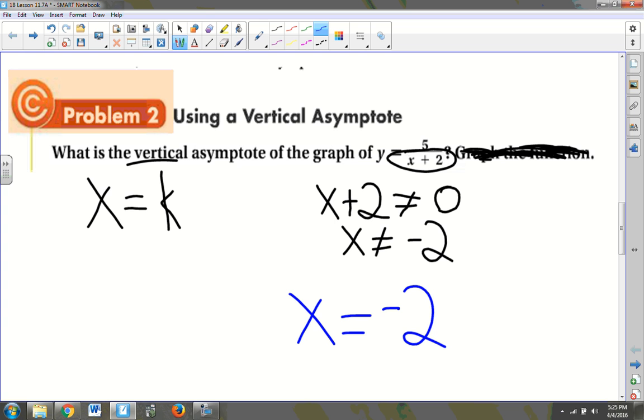So this is my excluded value, and this is my asymptote. And they're really the same number. My excluded value says x cannot be equal to negative 2. My asymptote is x equals negative 2.